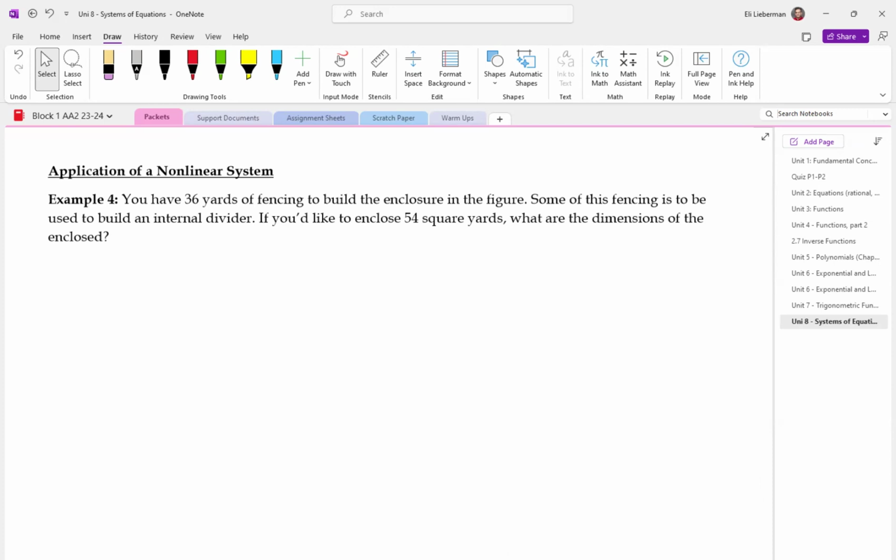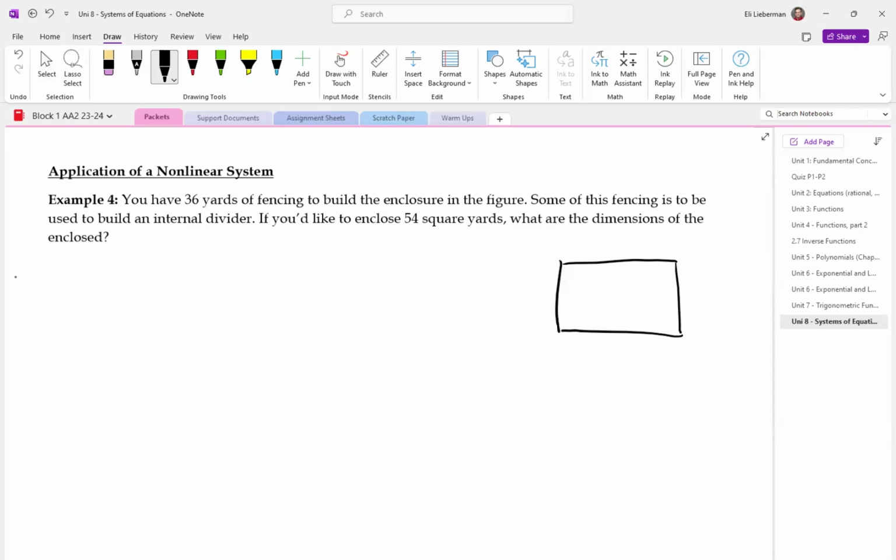There's no figure, so what we're going to do is make one. What should this figure look like? A rectangle. Usually enclosures are rectangular. It could be circular. In fact, they haven't actually given us one because it's kind of open, but let's assume it's rectangular.